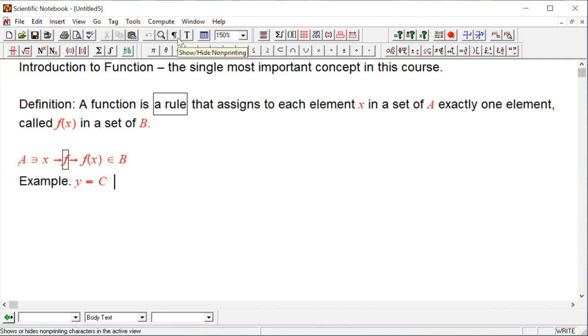But once you decide to use a specific real number, say I'm going to use c equals 2, then this rule as a function assigns to each element in A the value 2.